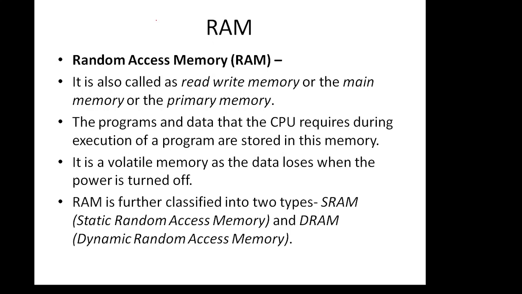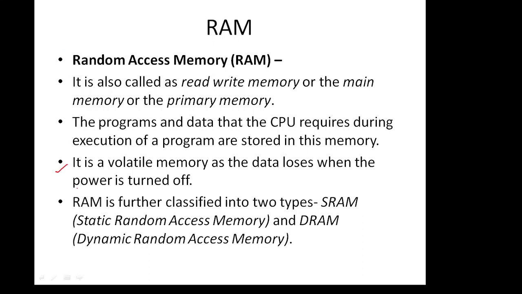The programs and data that the CPU requires during execution are stored in this memory. Without RAM, we can't store the programs and the data. RAM contains multiplexing and demultiplexing circuitry inside it, because to connect the data lines to the address storage we need those lines. It is a volatile memory, as the data is lost when the power is turned off.